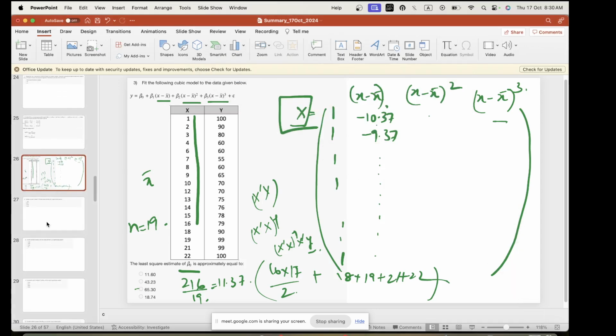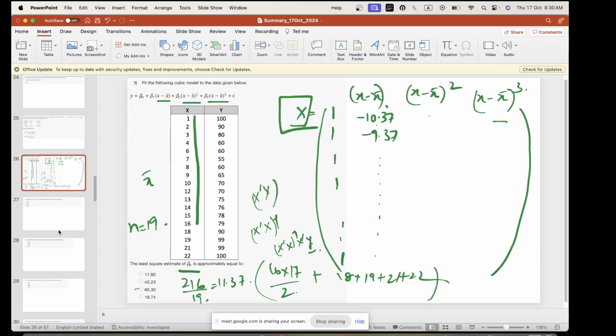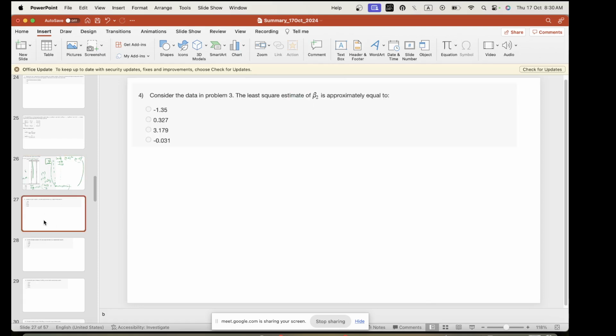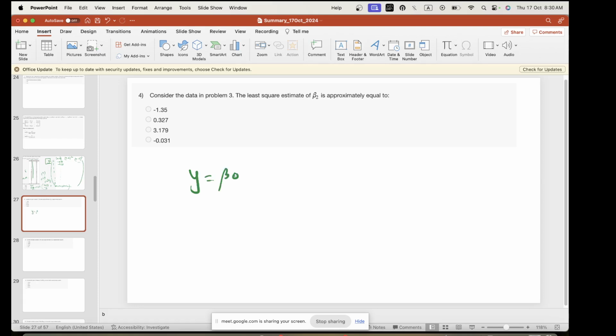All right. So this one, least square estimate of beta 2 is approximately equal to... how many parameters do we have? Let's say here we have y equal to beta naught plus beta 1 x1 plus beta 2 x2 plus beta 3 x3 plus epsilon.